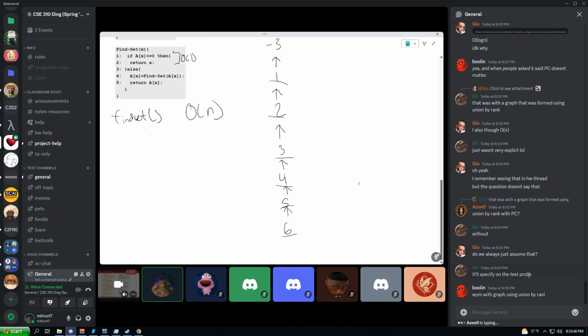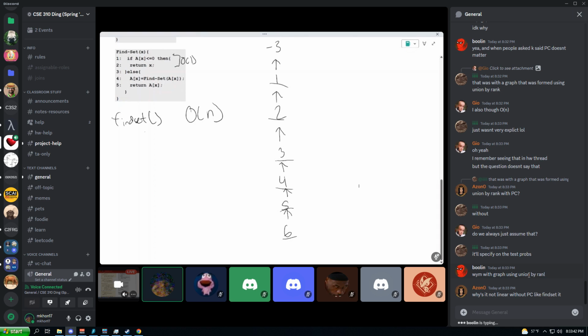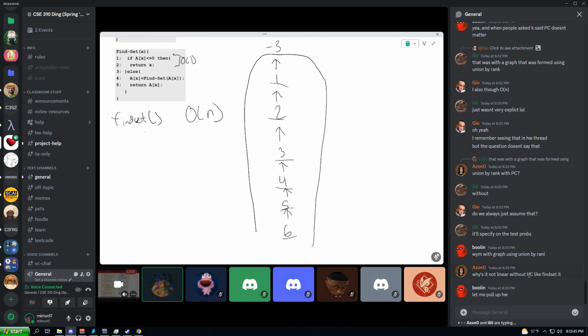How is it that union by rank would change it? Is it just that it will not do this? It's not going to be a straight line?